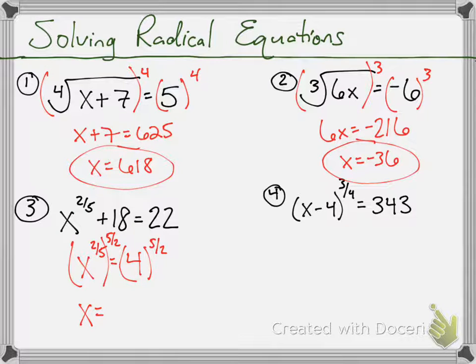With fractional exponents, keep in mind, they are just another way to write radicals, another way to write roots. You have to look at the denominator. If your denominator is even, like it is in this case, you're going to need a plus-minus whenever you evaluate your problem. So the fact that we're taking the 5/2 power of each side, the denominator of my exponent is a 2.